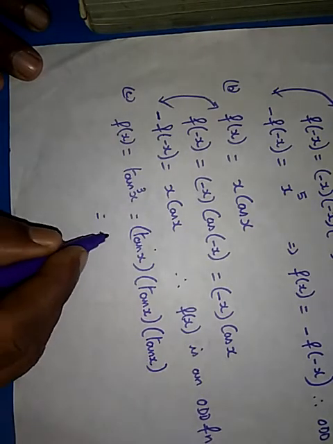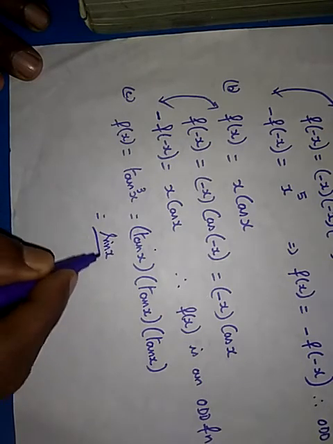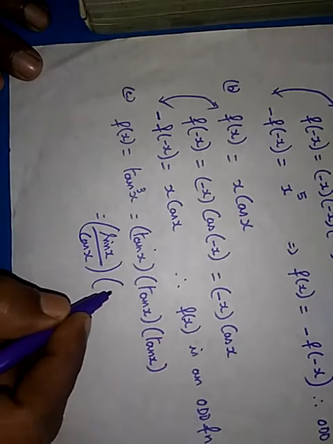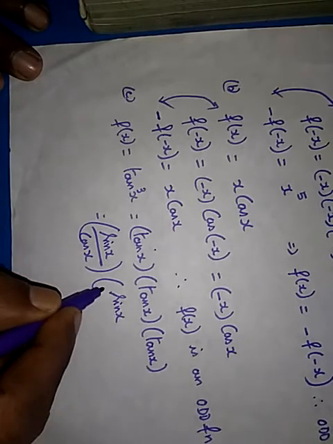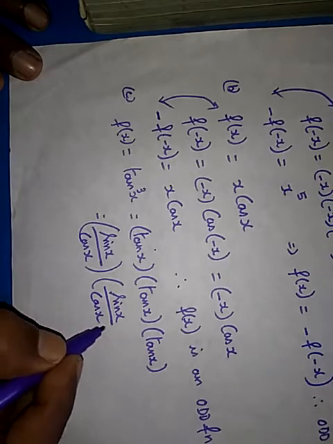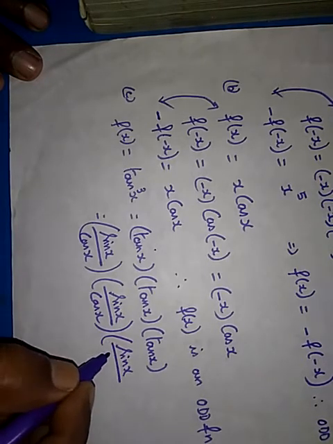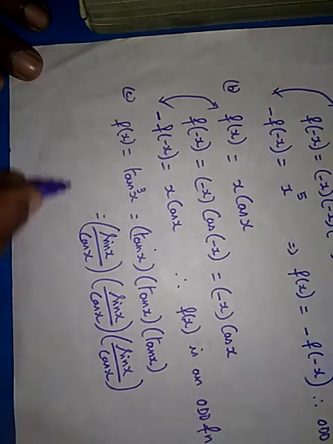Now what is tan x? Sin x by cos x. Similarly here also sin x by cos x, and here again sin x by cos x. So this is f of x.